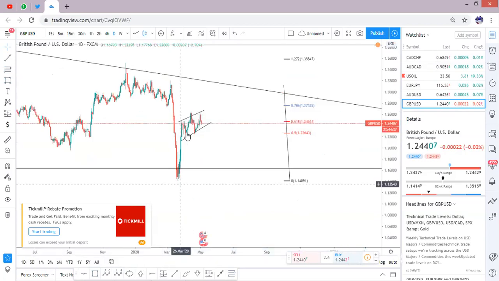In the channel we already have 2 touches, and we are waiting for the third touch here. After this third touch, we are moving back.